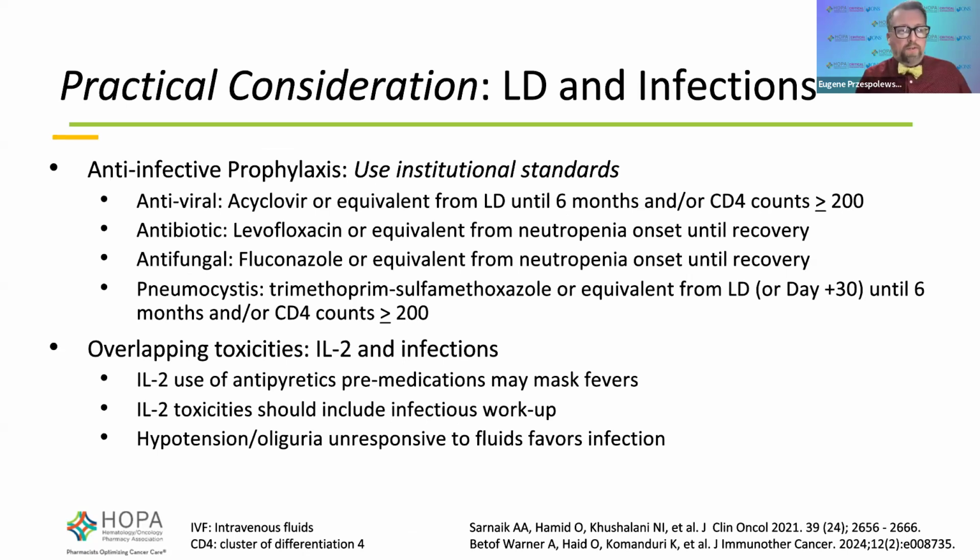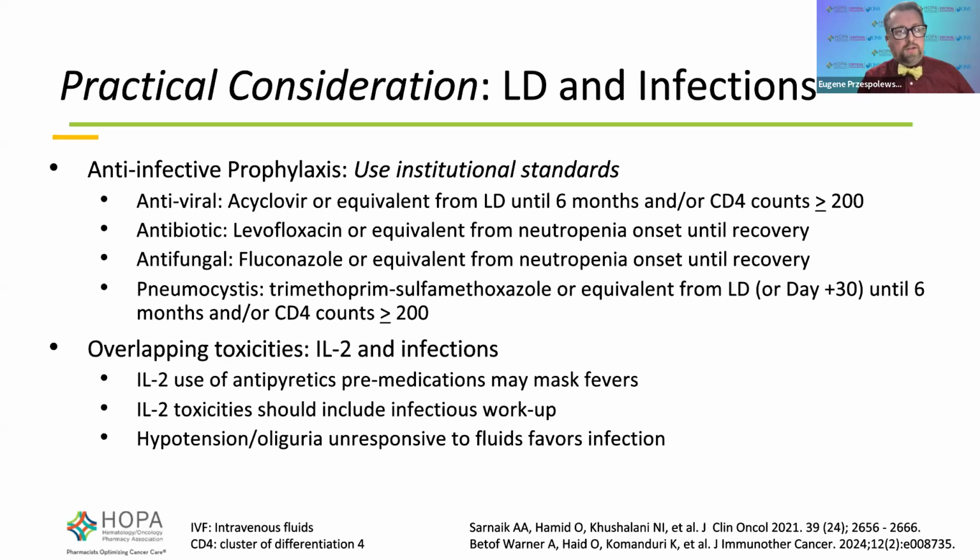To reiterate, obviously the myelosuppression, obviously neutropenia, febrile neutropenia is also possible. And so anti-infective prophylaxis should be used. I think a good place to start for institutions is their own individual standards and deciding whether or not those need to be modified based on the patient population. The current product is indicated in melanoma where there isn't as much myelosuppressive chemo, where I think a lot of experience comes from CARs.